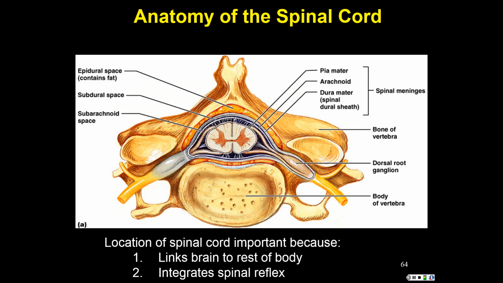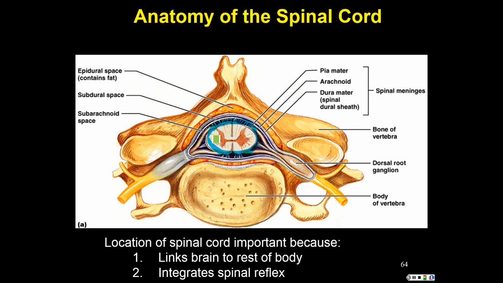So the spinal cord itself is located here in the middle. I'm going to highlight here this whole area, which I just tried to encircle, is the spinal cord itself, part of the central nervous system.